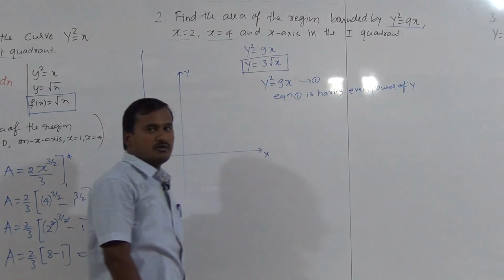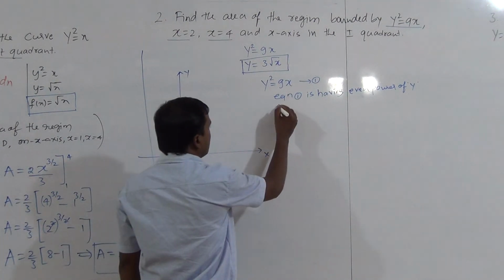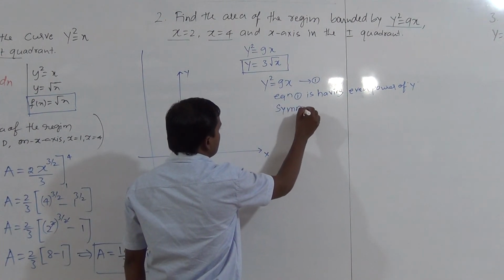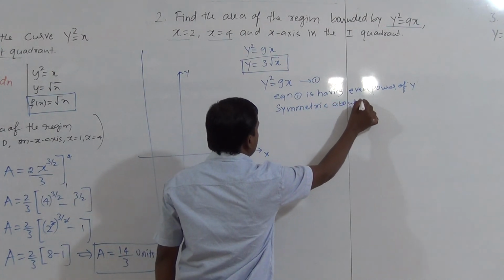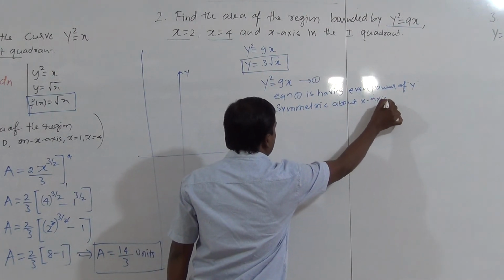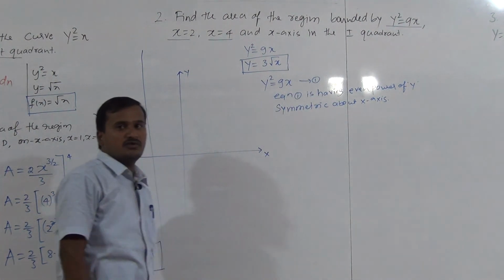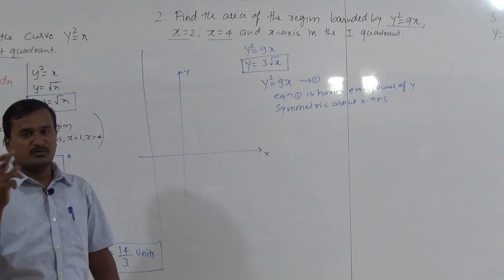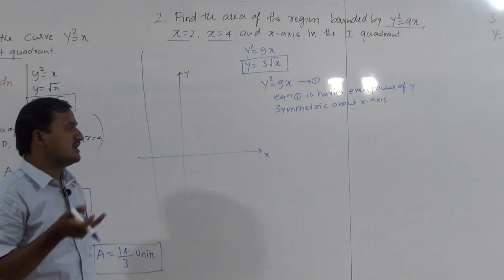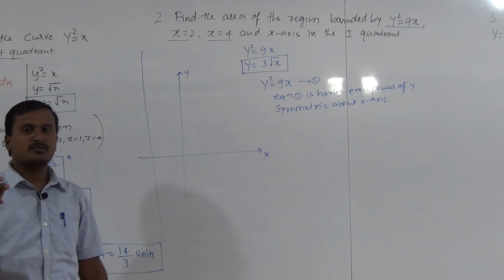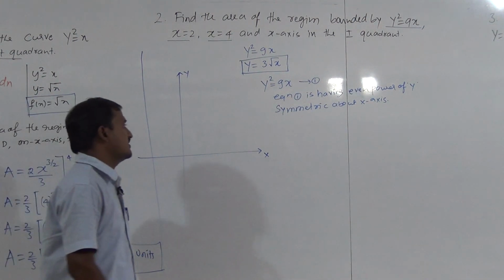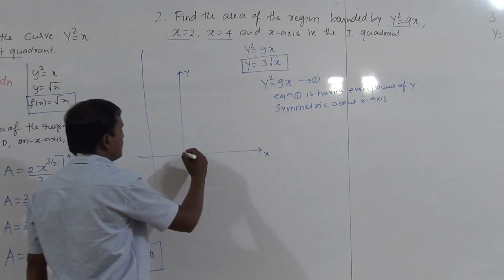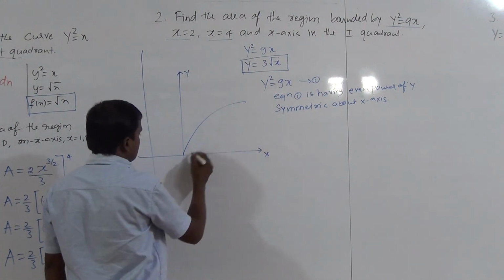If it is an even power of y, then again it is symmetric about the x axis, right? So you already know that in a given equation of a curve, if the even power of y is there, then it is symmetric about the x axis. If it is an even power of x, then it is symmetric about the y axis. So therefore y square is equal to 9x, clearly it is like this.